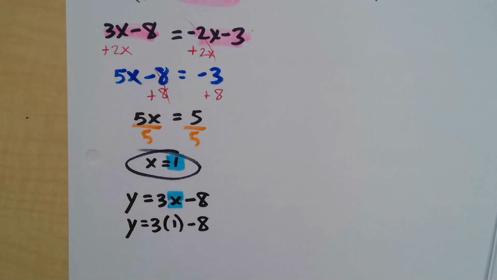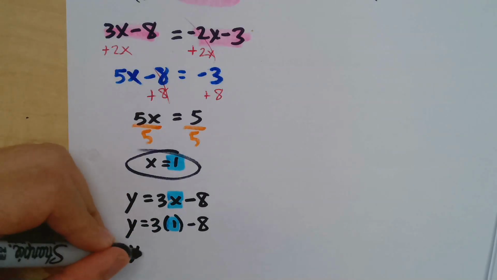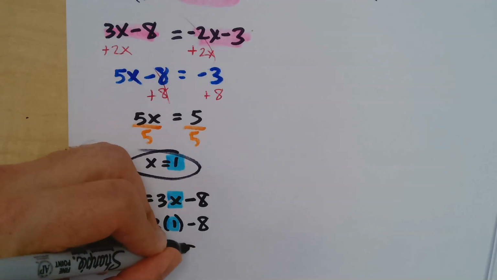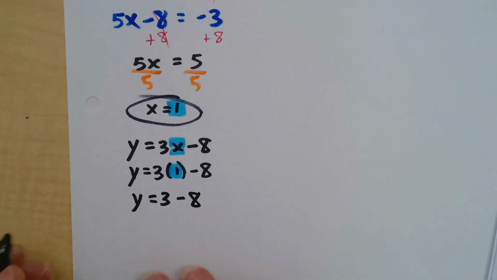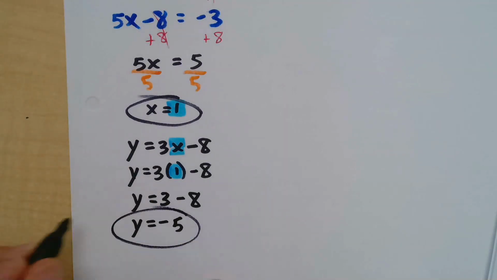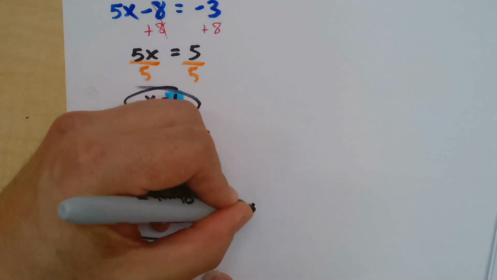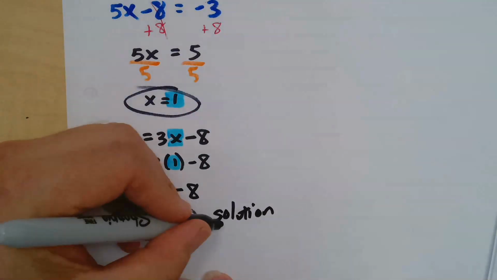All I did was I substituted the x with the 1. And so now I've got y equals 3 minus 8, and 3 minus 8 is going to give me negative 5. So my solution is 1 comma negative 5.